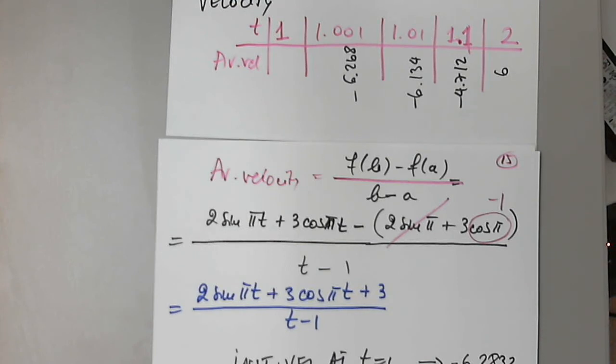I'm going to start from scratch. So it was 2 sine pi x, and plus 3, right? Cosine pi x, close, divided by.